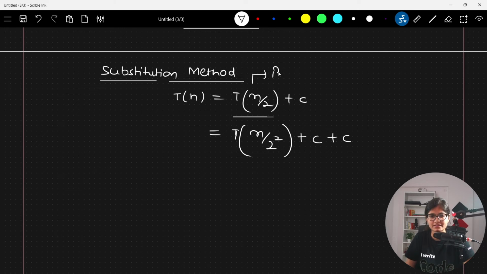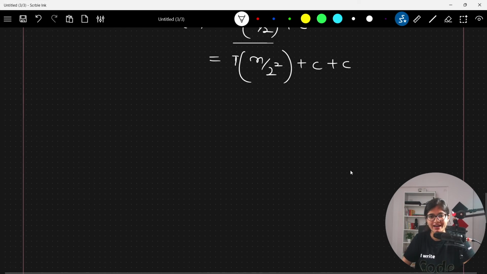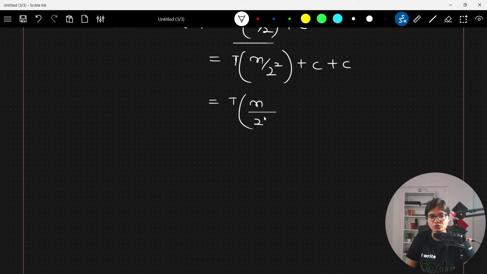We all know that this is something which indicates a recursive term here, right? Now if you do it for the third time, you will be able to get T of n by 2 to the power 3 plus C plus C plus C.